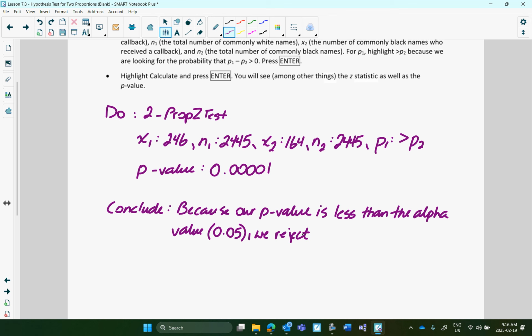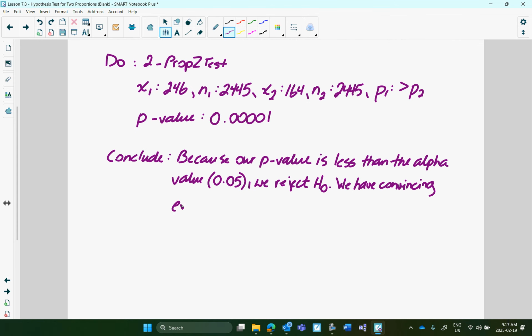You reject H0. We have convincing evidence that white names receive more callbacks than black names on resumes.